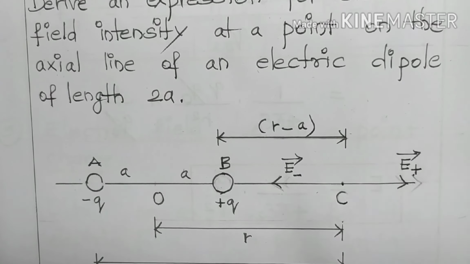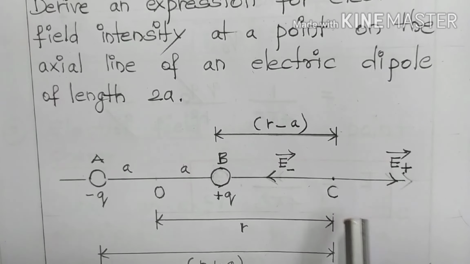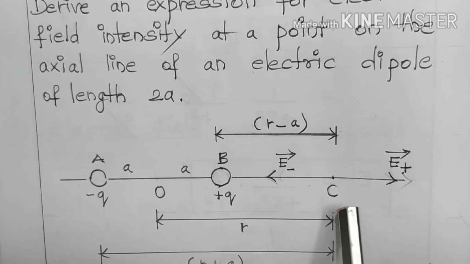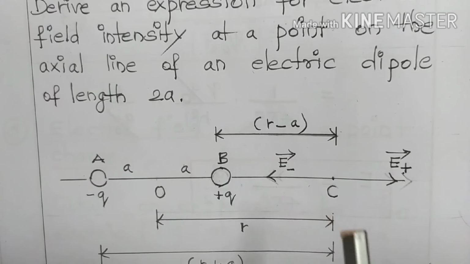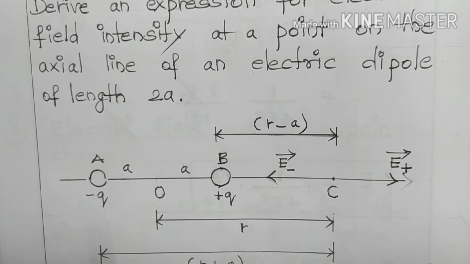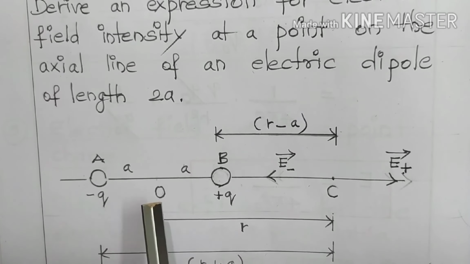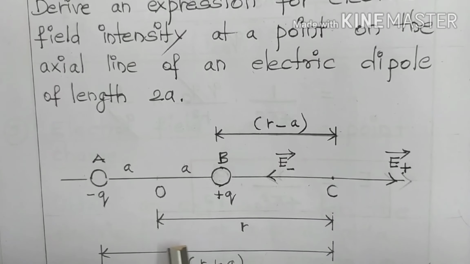Now, at this point only we are going to calculate the electric field intensity. At this point, a test charge, a unit positive charge is placed. The distance between the center of the dipole O and the point C is r.